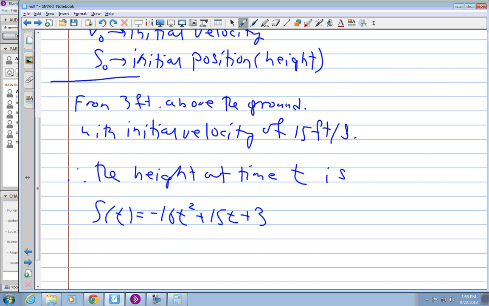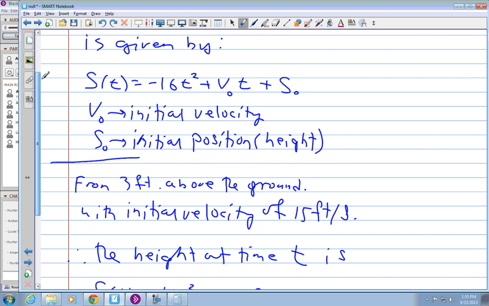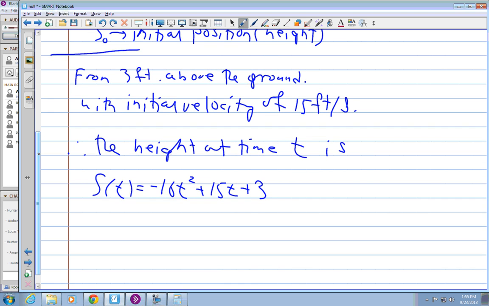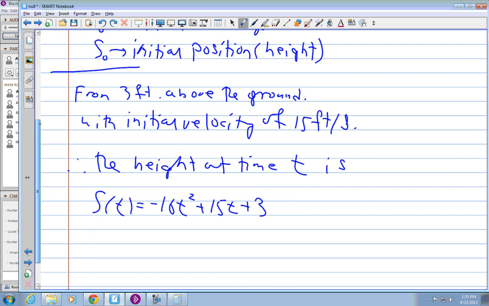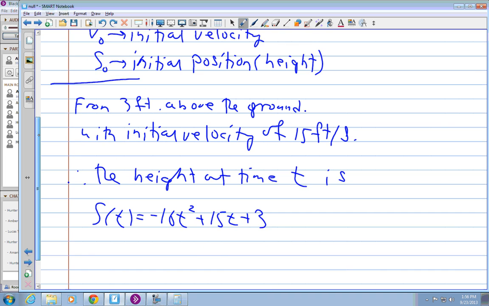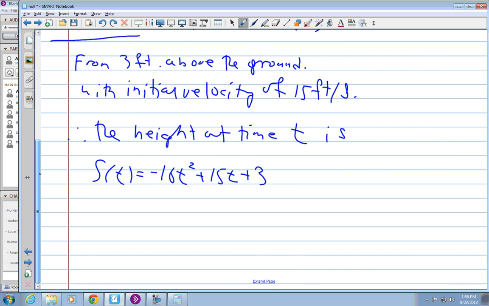Just know that it's there, know where to find it on your homework, on the exams that will be given to you if you decide to put a question like that. You don't need to remember this, it's from physics. This is the formula of a free-falling object on planet Earth. Okay? Other planets is different because of the gravity.